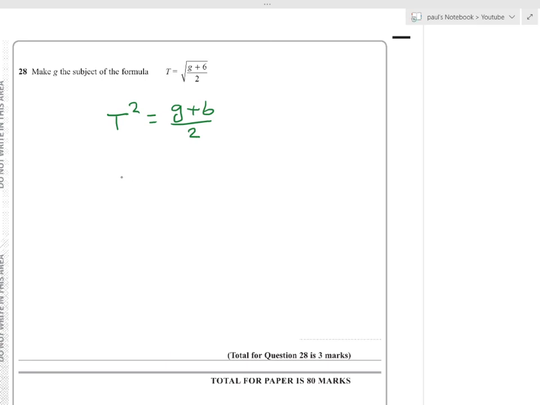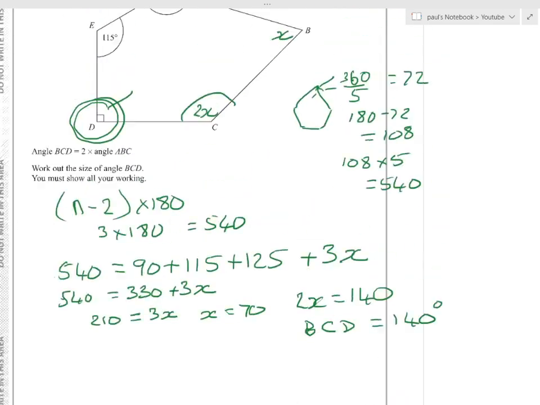So we get 2t squared equals g plus 6. And then take away 6. 2t squared take away 6 equals g. Yes, okay, I think we're fairly happy.